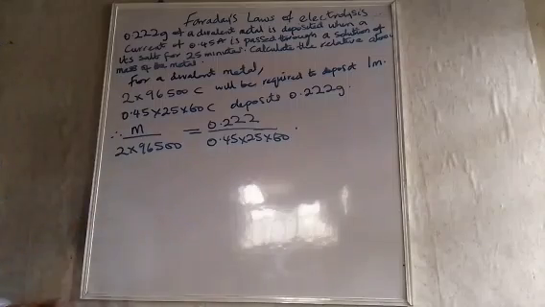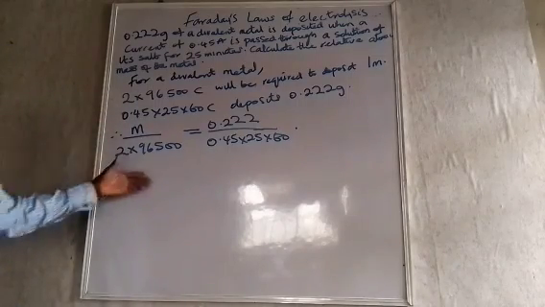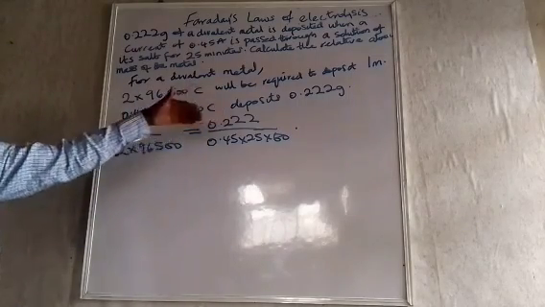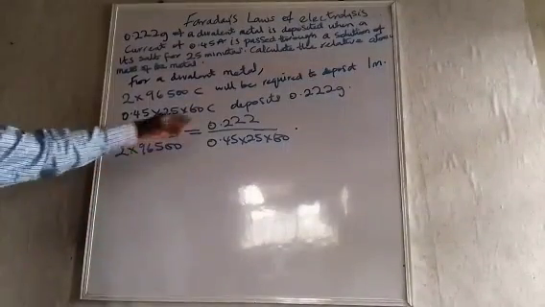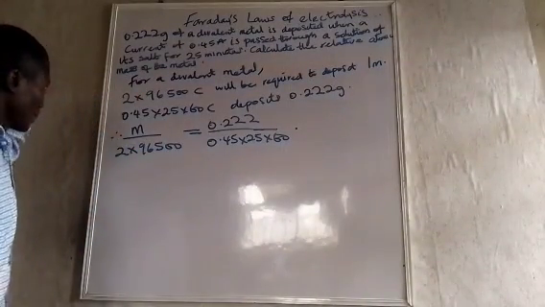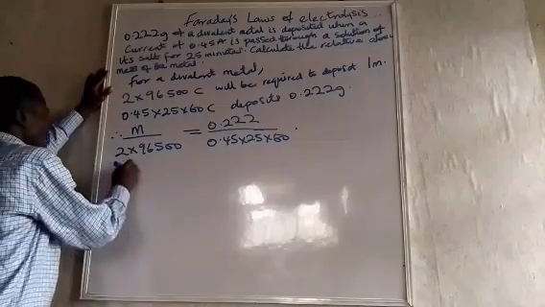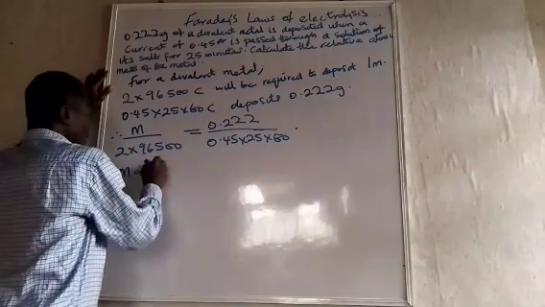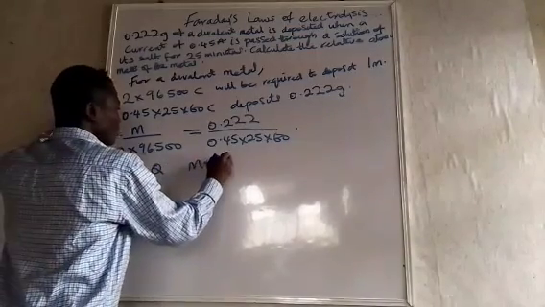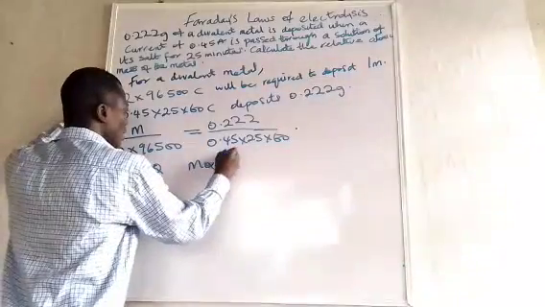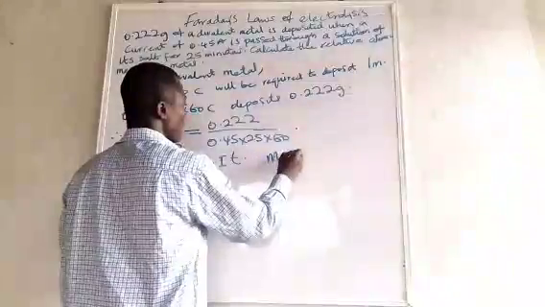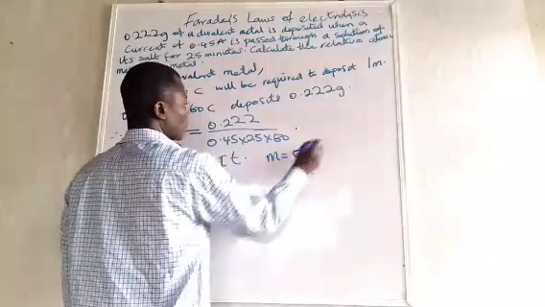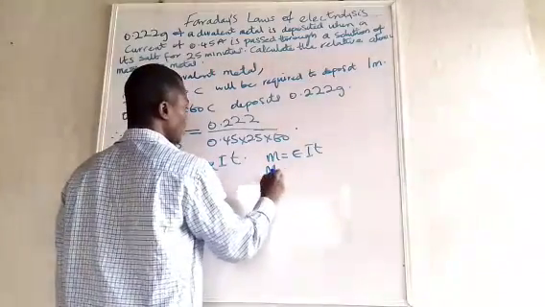Since we are talking about the same metal, the mass discharged is proportional to the quantity of electricity. So that is N proportional to Q, proportional to I. So N over Q is constant, since this is constant.